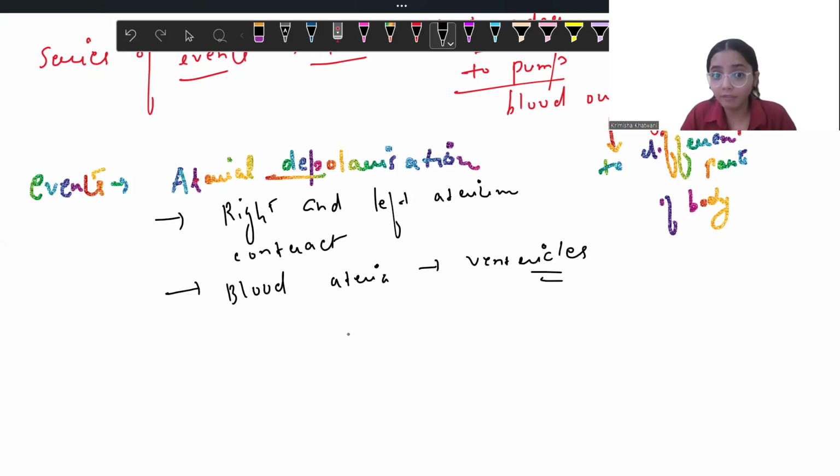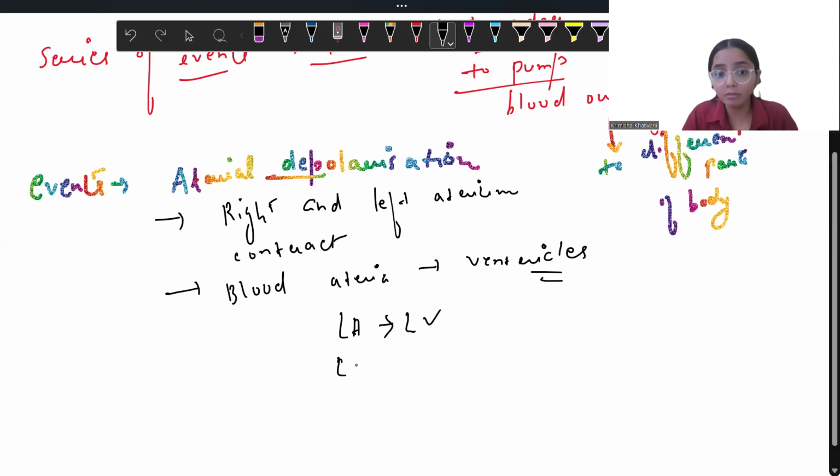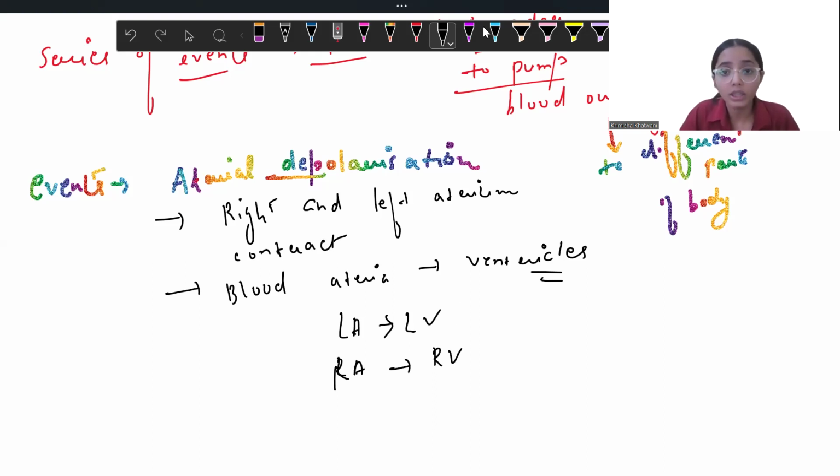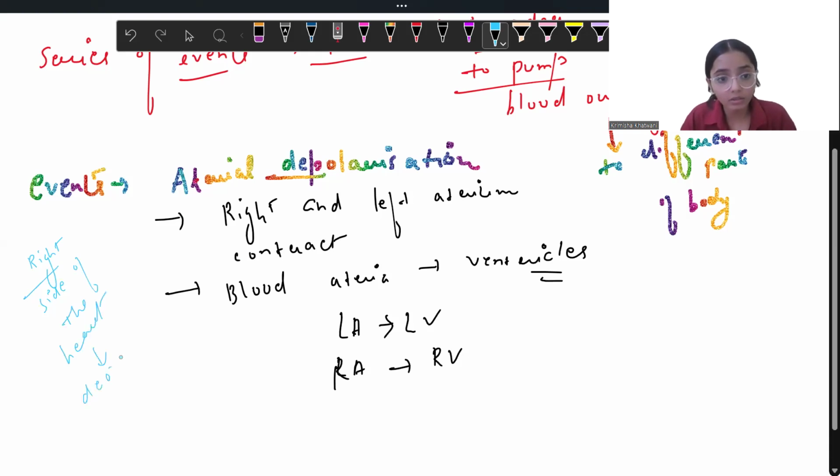The blood from the left atrium moves to the left ventricle, and the blood from the right atrium moves to the right ventricle. There is a very basic concept we should know: the right side of the heart has deoxygenated blood, and the left side of the heart has oxygenated blood.